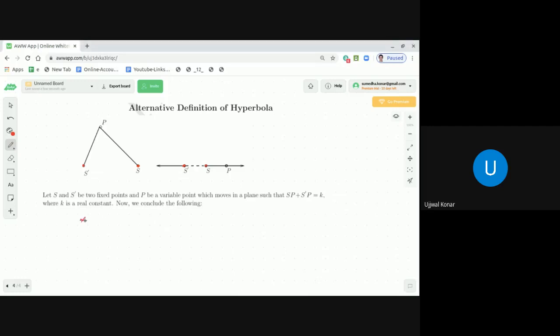The first point is that if the value of K is less than SS', what can you conclude? The locus of P is a hyperbola. Let me write properly.